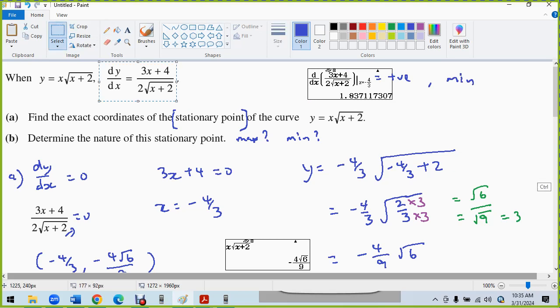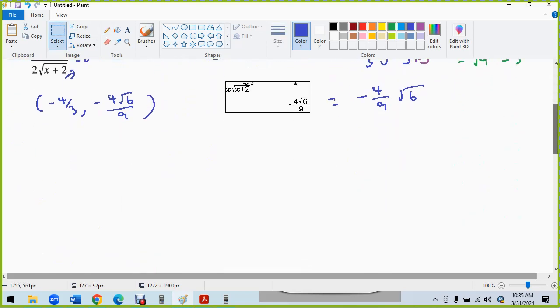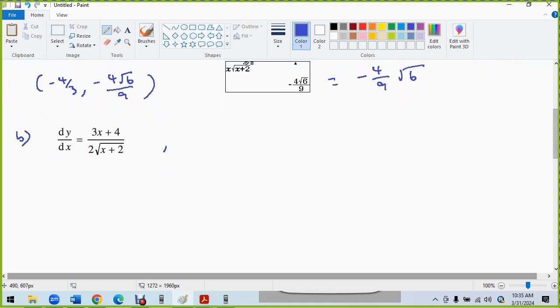Okay, what we will do is we know that we have dy/dx. This one is negative. We have the x here. When x equals negative 4 over 3, then dy/dx will become 0.